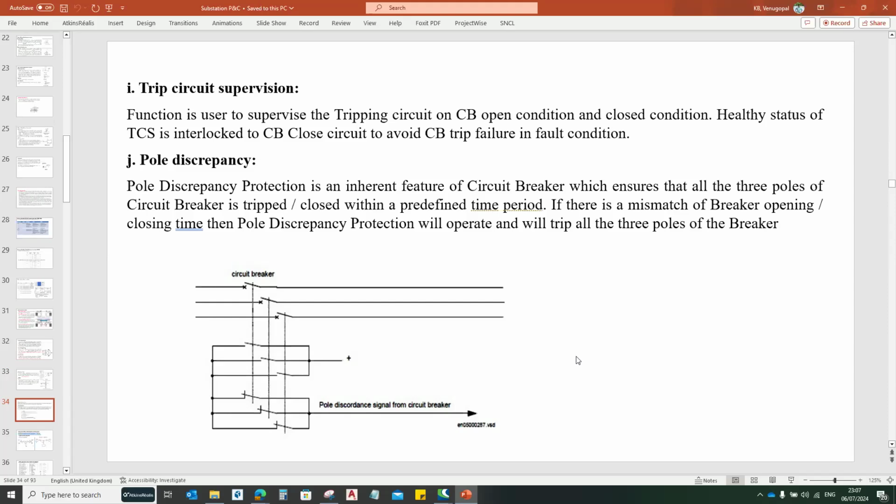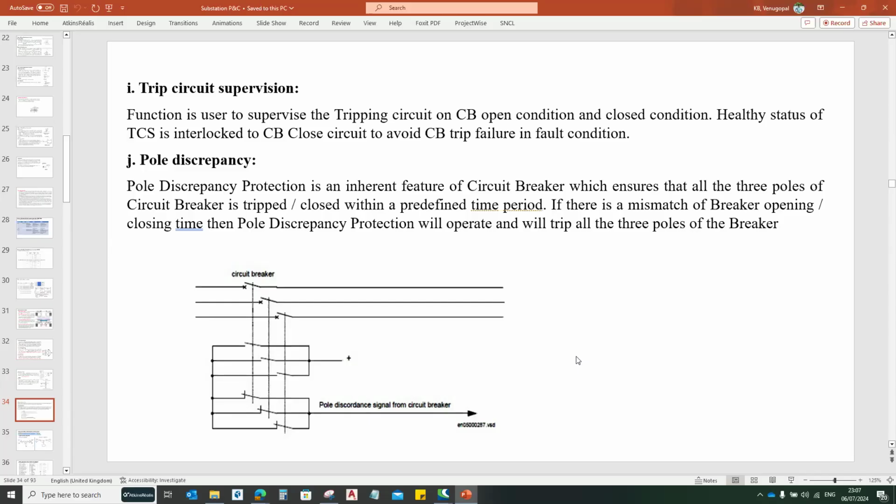If the supervision circuit is not available in the system, and there is a problem with the trip circuit or the trip coil, and a fault happens on the transmission line, the protection relay will give a trip command to your trip coil, but unfortunately, because of DC supply failure in the trip circuit or the trip coil not operating, your circuit breaker will not open, and it will cause very big damage to the system.